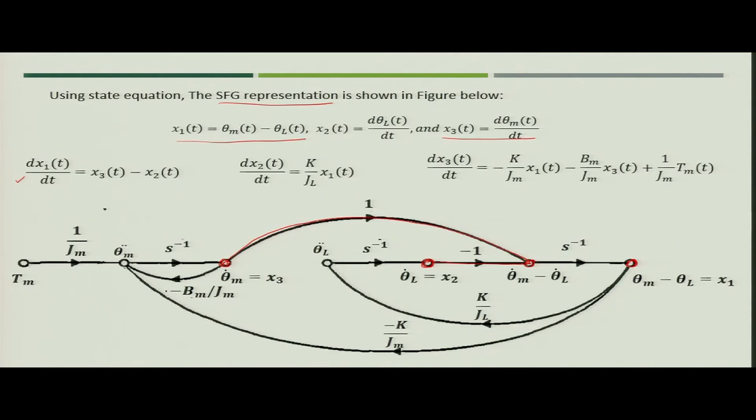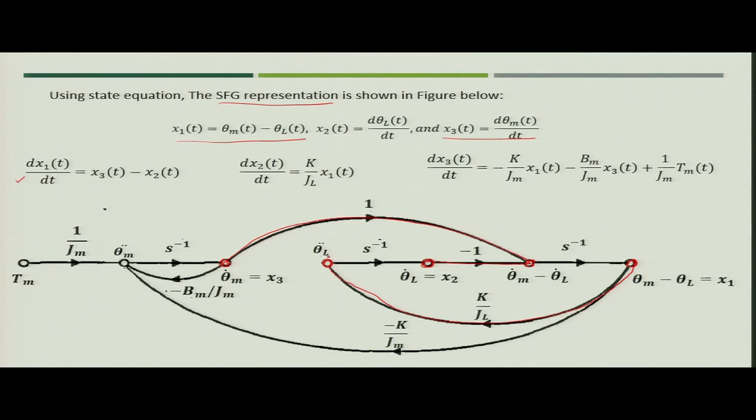Now, dx2 by dt is nothing but theta l double dot. So, dx2 by dt we place here, that is theta l double dot, and that is nothing but equal to k by jl x1. So, we will take the link from x1 with gain k by jl and connect it to theta l double dot.